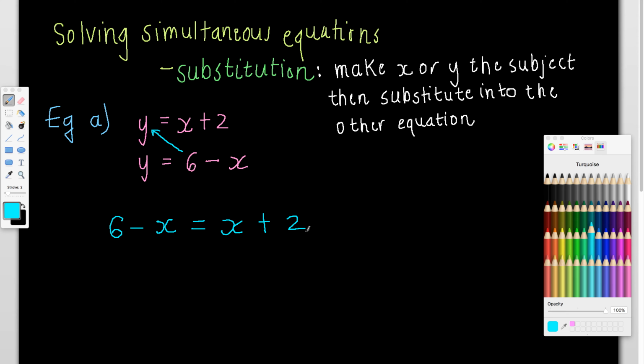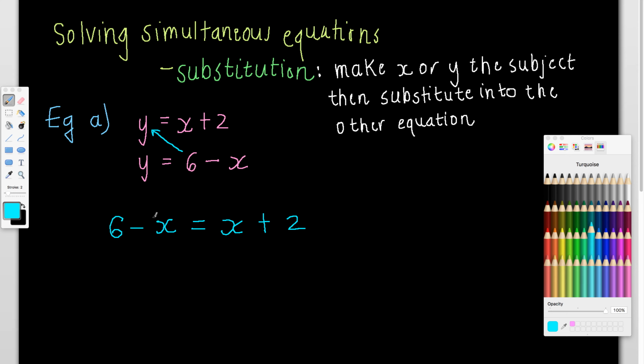There we go. So if y is equal to both x plus 2 and 6 minus x, of course that means that x plus 2 has to equal 6 minus x. So that's one way to look at it. Another way, of course, is just if y is equal to 6 minus x, we can substitute it into this second rule here. So here is what I have.